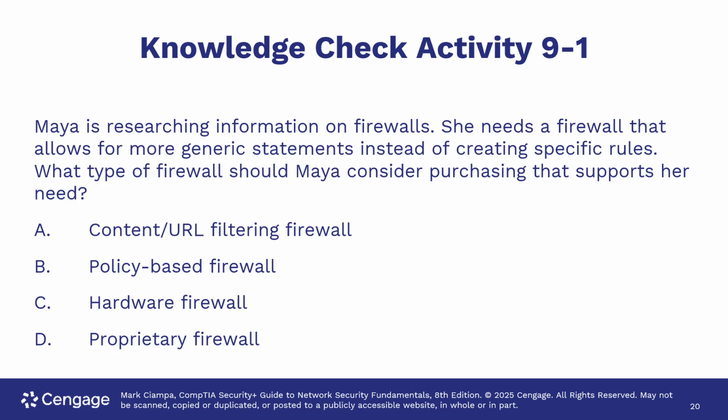She wants more generic statements instead of creating specific rules. Now remember, we talked about this earlier. So is it a content URL, policy-based, hardware firewall, proprietary? Take a moment and think about it.